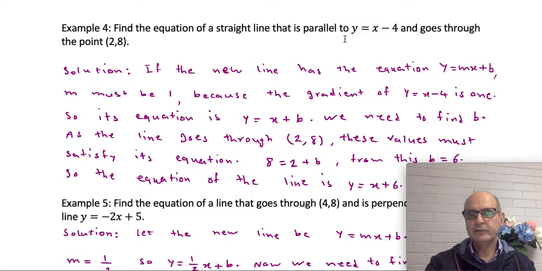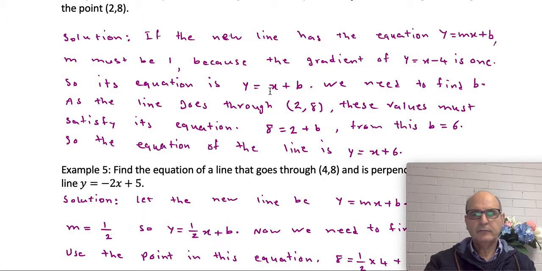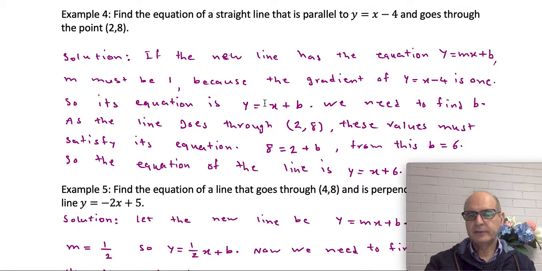So then the new line will also have 1 in front of x, which just becomes x. So it's going to be y equals x plus b, because the gradient of this is 1, which is the same as the gradient of that. Now we need to find b. How do we find b?